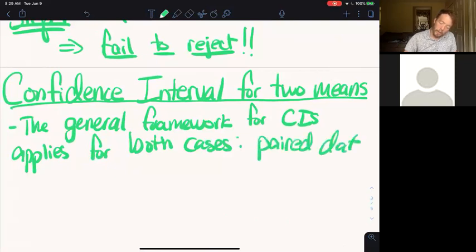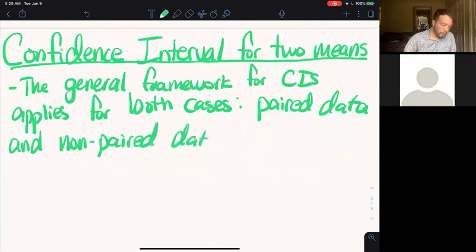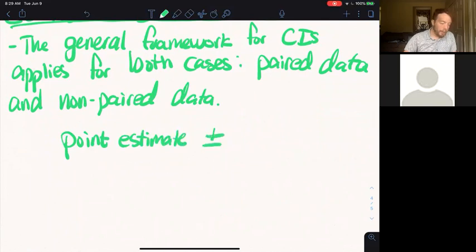Paired data and non-paired data. And it's the same formula. You take your point estimate, you add or subtract a critical value times your standard error.